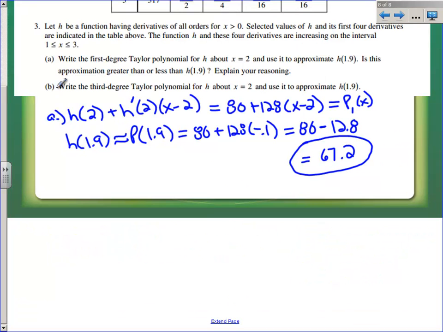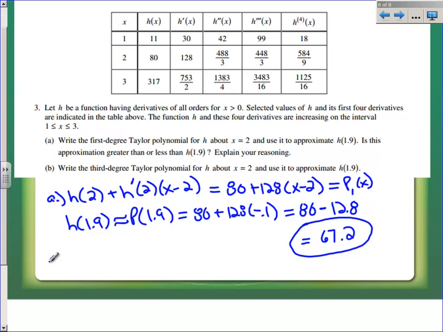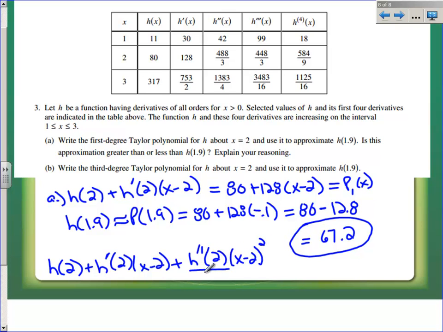All right, let's take a look at the next one. Write the third degree Taylor polynomial for h about x equals 2 and use it to approximate h of 1.9. All right, the third degree looks like this. H of 2 plus h prime of 2 times x minus 2 plus h double prime of 2 times x minus 2 squared over 2 factorial. And then one last term, h triple prime of 2 times x minus 2 cubed over 3 factorial. So let's see if we can get those pieces of information.